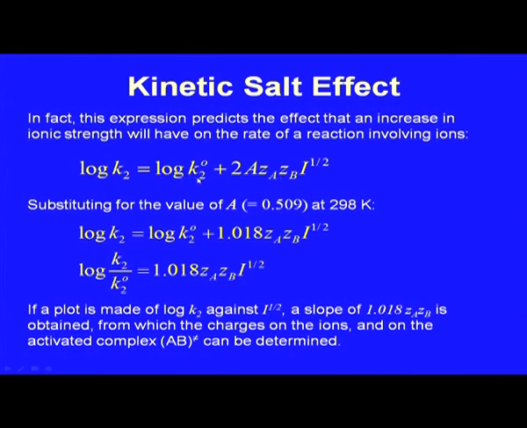then it will reduce. That means the increase of ionic strength has an opposed effect. It tends to slow down the process. It doesn't favor it; somehow your activated complex is maybe destabilized.